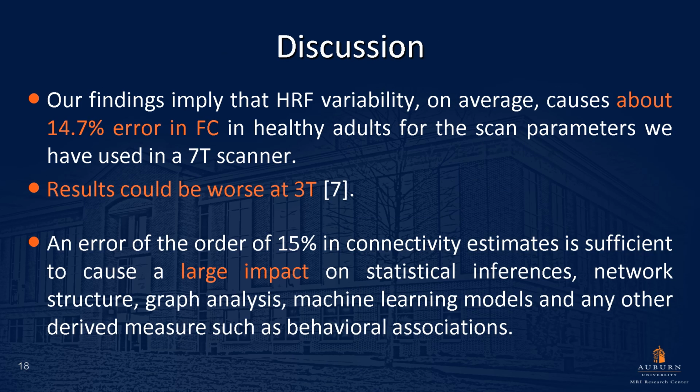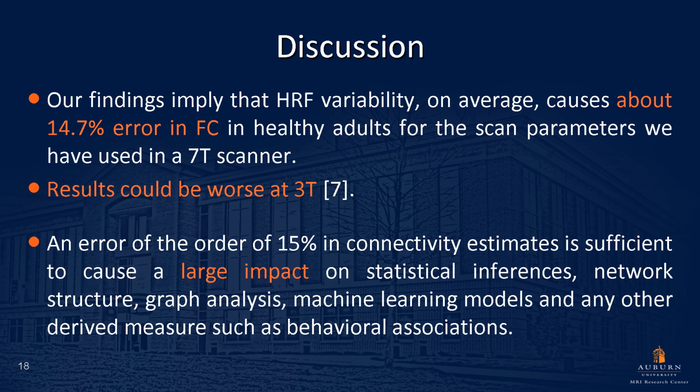Let's discuss these results. Our findings imply that HRF variability on average causes about 15% error in functional connectivity in healthy adults for the scan parameters we have used in a 7T scanner. What's disconcerting is that the results could be worse at 3T, because we know that the higher the field strength, the more sensitive you are to smaller vessels.